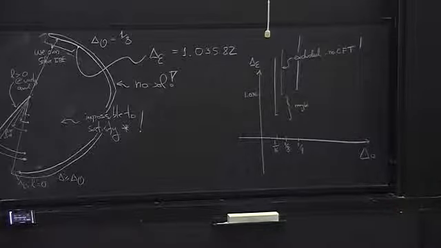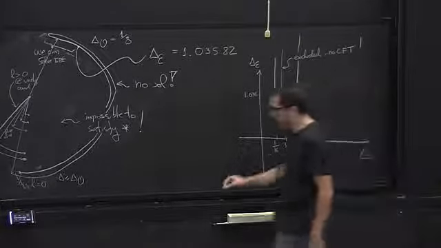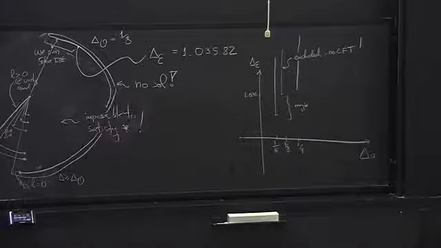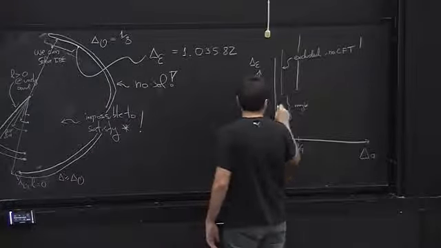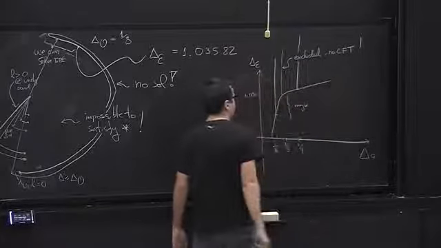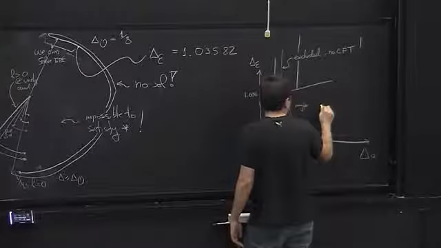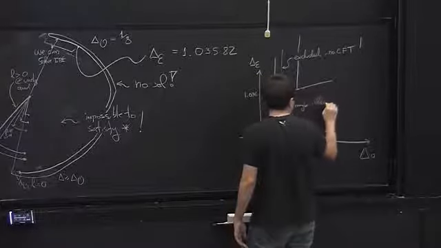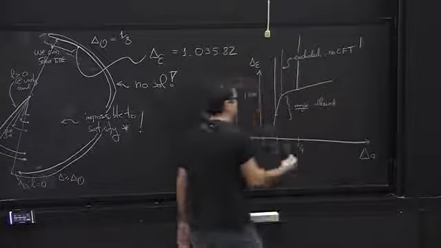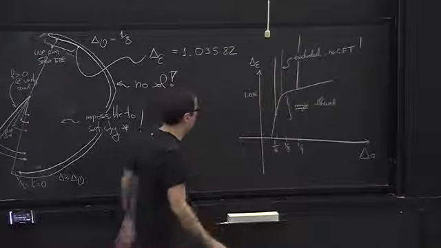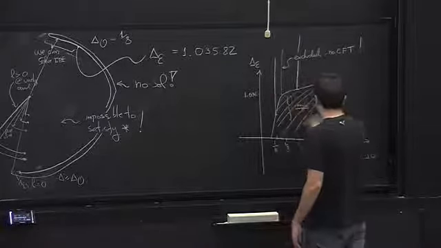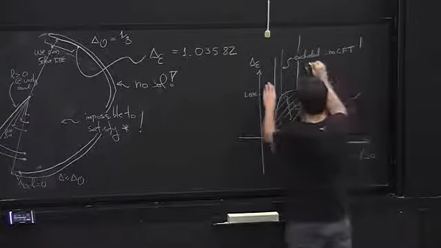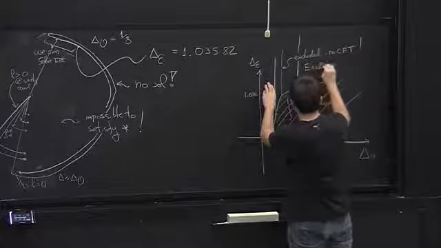These lines are excluded. And you could do it for many, many points, and you would conclude that there will be some line, and that this part is maybe allowed, maybe, because by considering more and more, I could improve it. So this region, maybe it's allowed. And this region outside is excluded for sure.